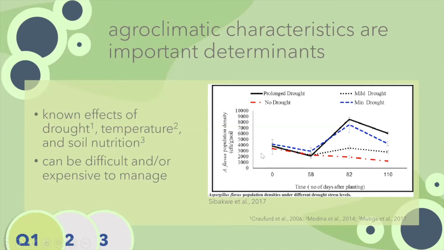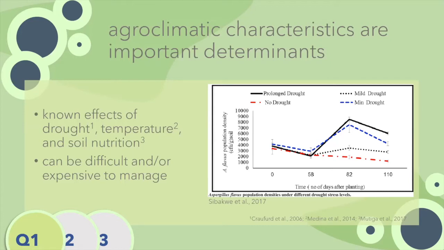I'm showing this figure here where in this study they compared groundnuts produced without drought stress, as indicated by this red dashed line, to groundnuts grown at varying levels of drought stress. And we can see that the population density of Aspergillus flavus is significantly higher in groundnuts produced under drought stress conditions. And so there's an abundance of evidence pointing toward these pre-harvest agroclimatic features as important determinants of aflatoxin.